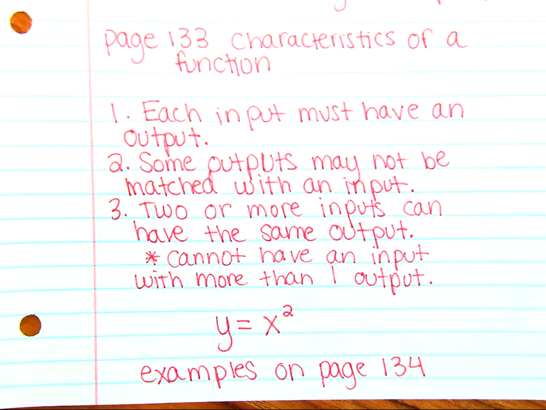C is a function. It's okay if every single input goes to the same output. We would just end up with a horizontal line if we had that happen. Okay? D does not represent a function because element A and element B have more than one output, and we can't have that for a function.